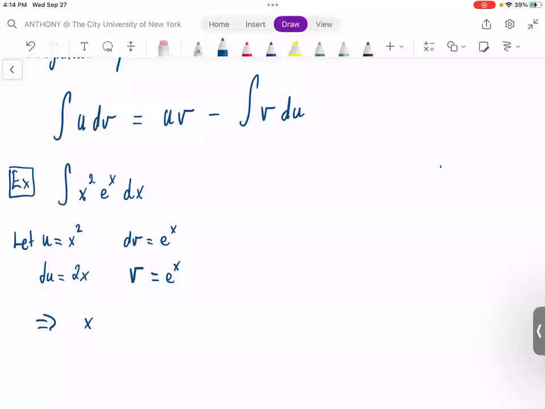Can you explain why you found the antiderivative of v? Yeah, sure. Essentially, you try to let dv be the more complicated portion of the integrand, whereas u is the simpler part. Yes, I agree with you, as you said earlier, the derivative of e to the x is easy.